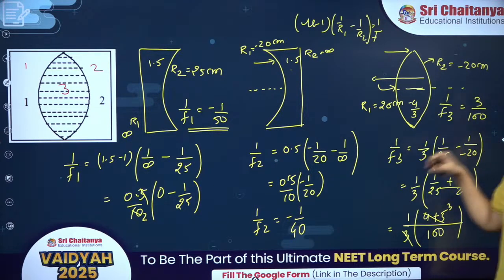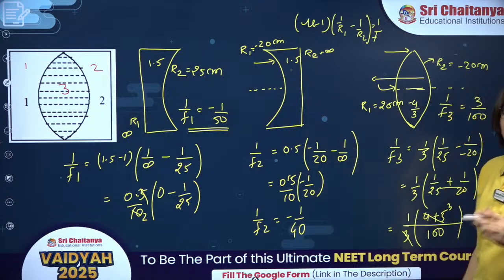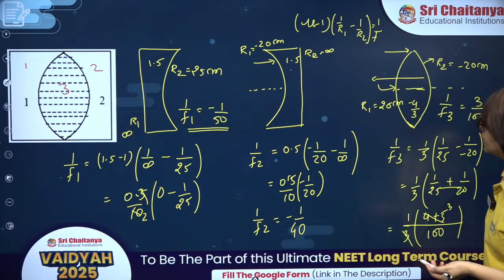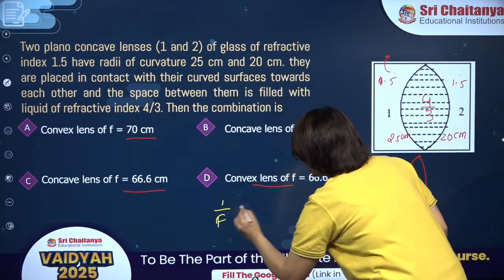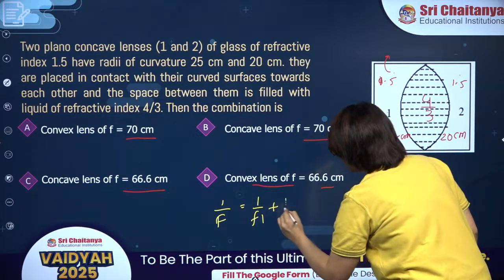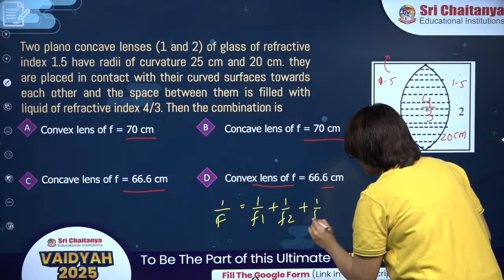Now the equivalent focal length of this entire combination is, let's say, capital F, right? So I'm just doing it here. 1 upon capital F is equal to 1 upon f1 plus 1 upon f2 plus 1 upon f3.